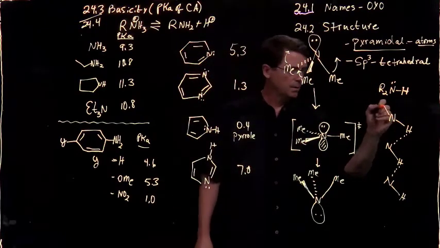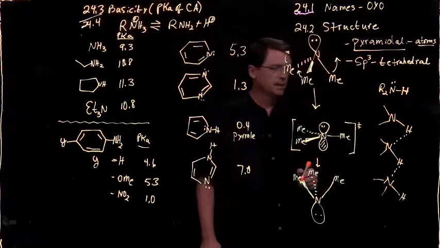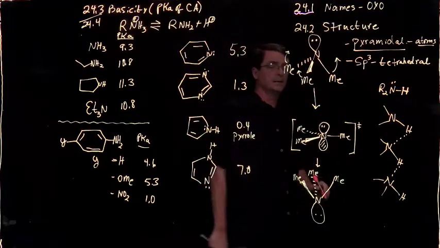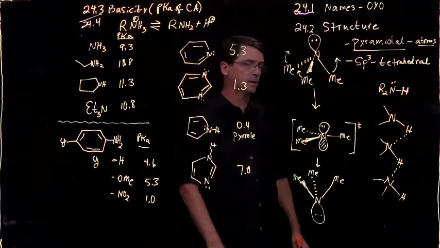Of course, there are 2 more substituents on each of those nitrogens, and that hydrogen bonding obviously impacts the melting point and boiling point of these compounds.